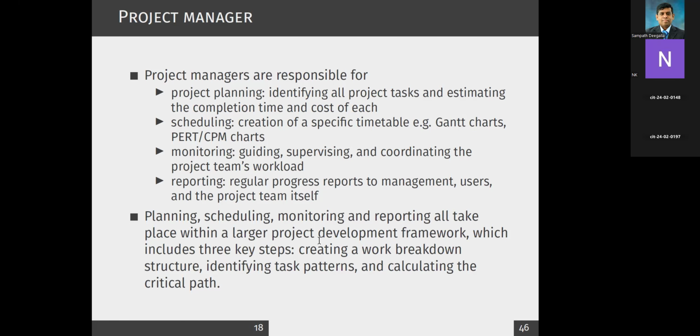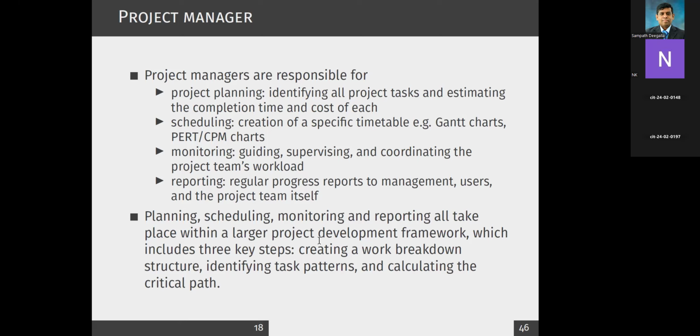Now let's see any project management. You have a project manager. So let's look at what a project manager does in a software development project, for example. First of all, the manager is responsible for the planning. When I say planning, you are planning the development of an information system.